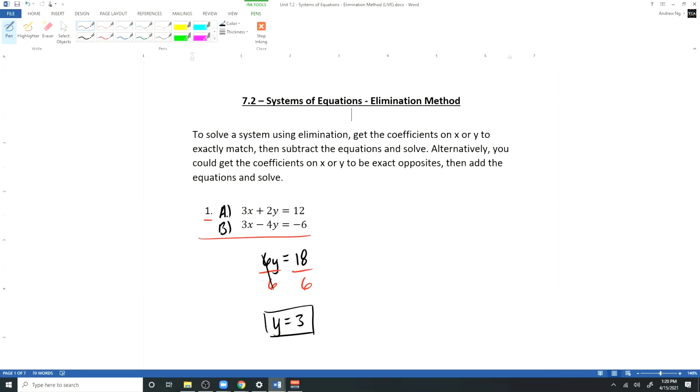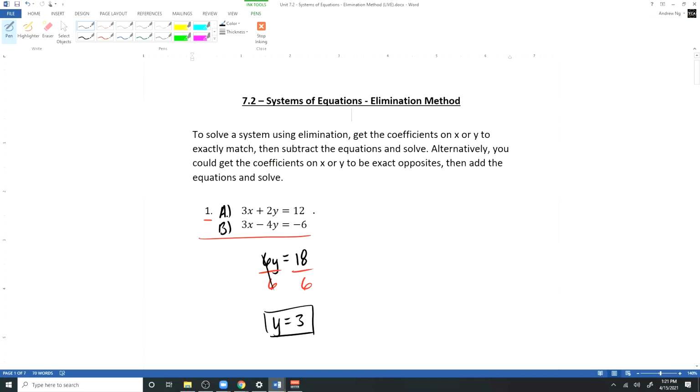Which certainly seems like a lot easier than some of the things we were doing in the last section so far. And in fact, what we do from here is exactly what we did in one of the last sections: we take what we just found, y equals 3, and plug it into one of these equations. It doesn't matter which one.